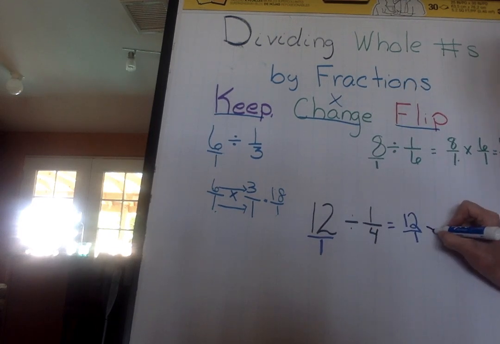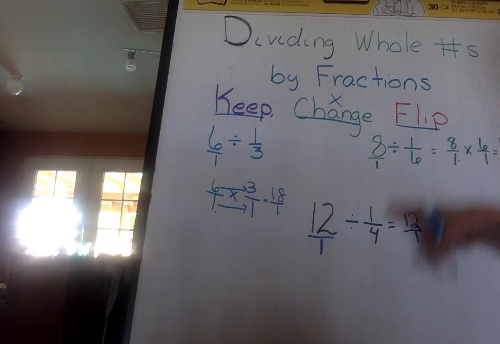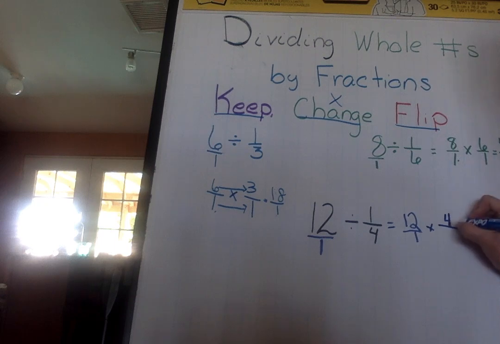Change division to multiplication. I'm going to create more pieces. Flip my second fraction upside down. And then multiply. 12 times 4 is 48. 1 times 1 is 1. 48 over 1, or 48.